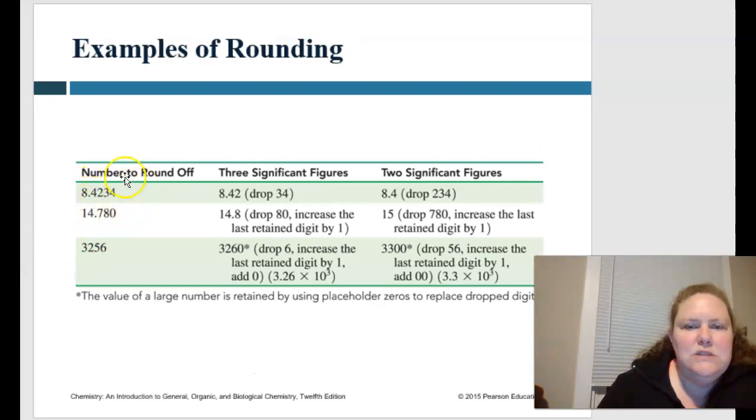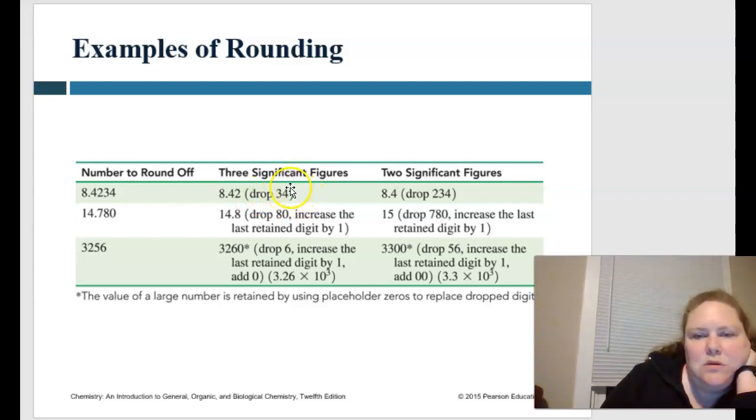So this one here, the original number is 8.4234. If we want 3 significant figures, we would have 1, 2, 3, and we would drop 3, 4. Since it's under 5, that would stay a 2.